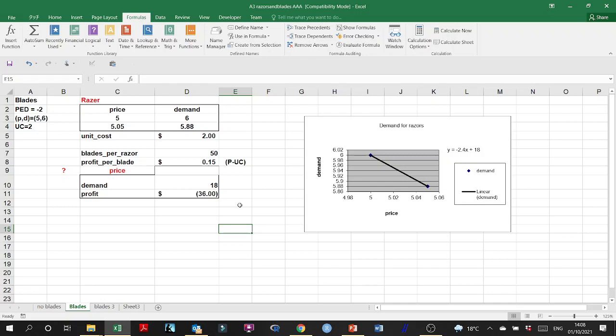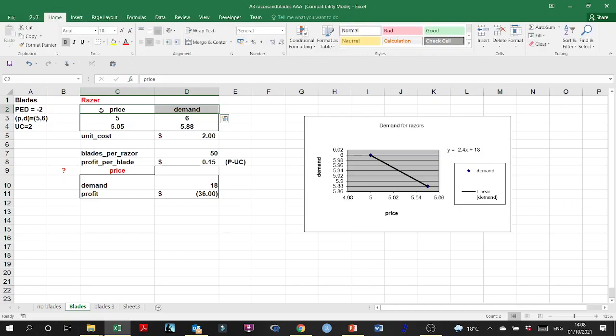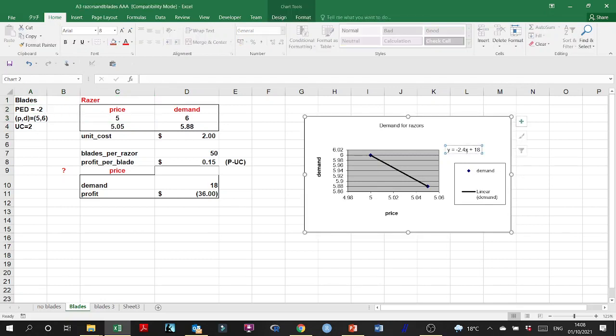Okay. All right. So far we have here, I'm going to color this as razor. Anything that has to do with red is razor related. So this is the price of the razor that we used along with the elasticity to find the demand function.